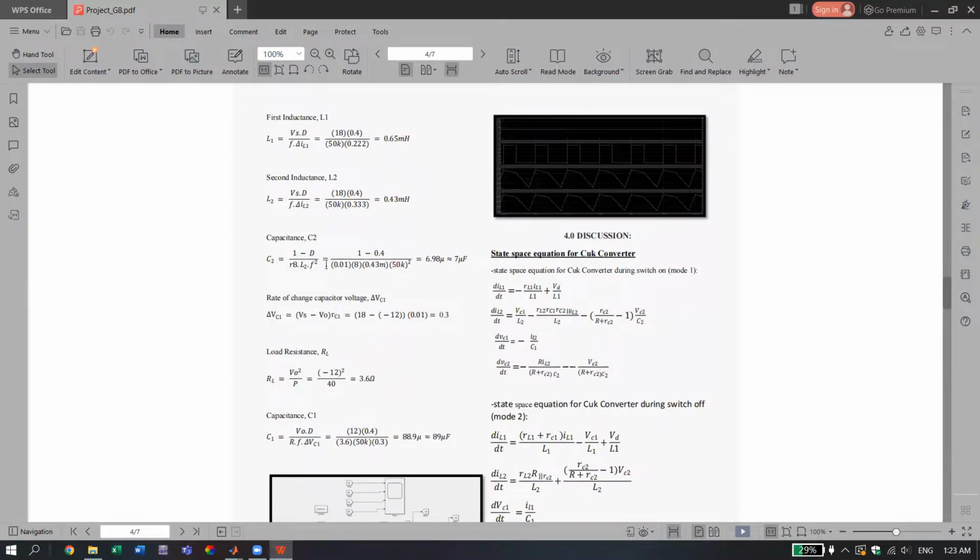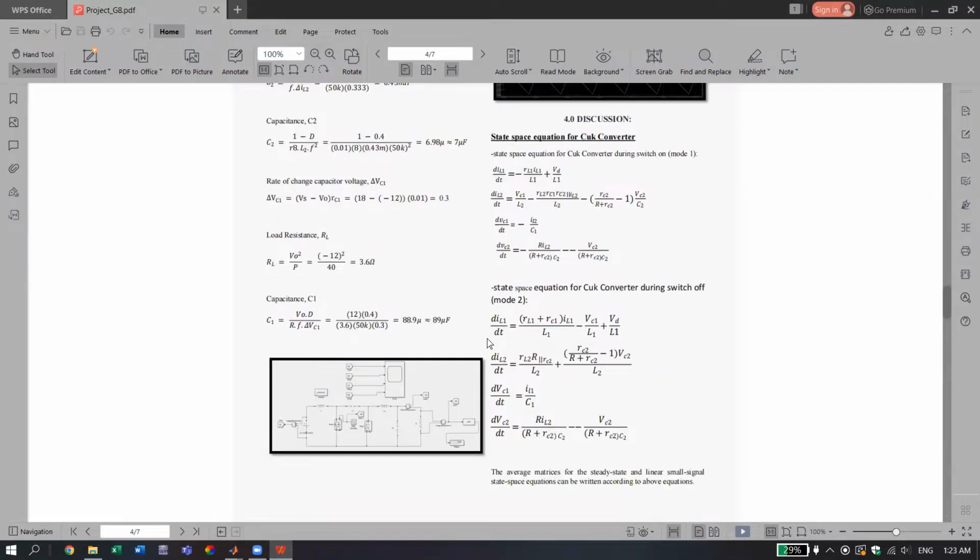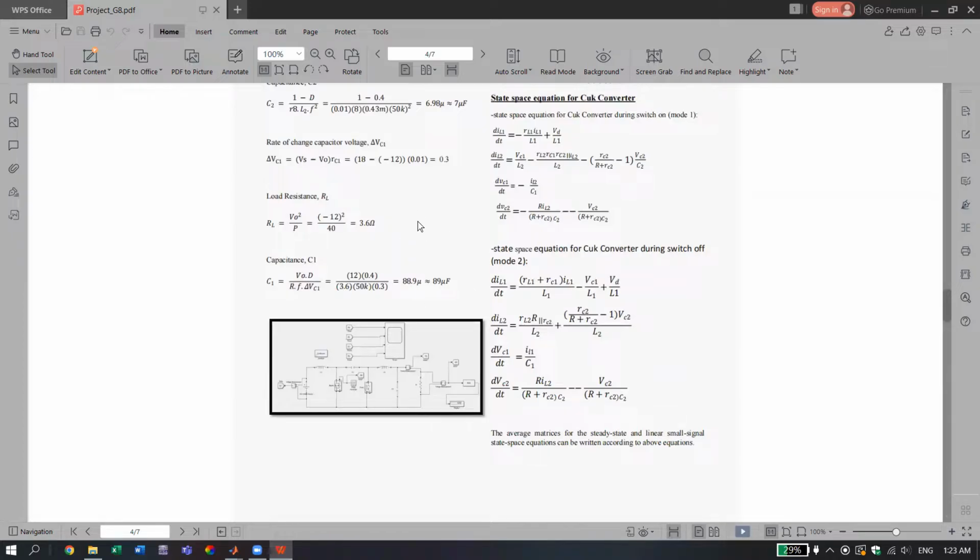For the value of the capacitor, we will use this formula, 1 over 1 minus D, the duty ratio, and we get almost 7 microfarad. This is the rate of change of the capacitor in capacitor 1, and then we will find the RL and C1. Then after getting all the values of the components, we will construct the DC-DC Cuk converter circuit.